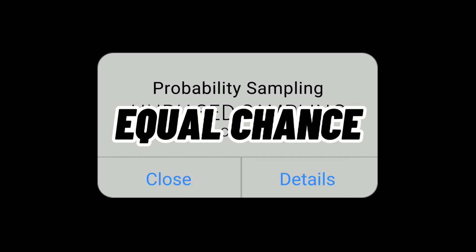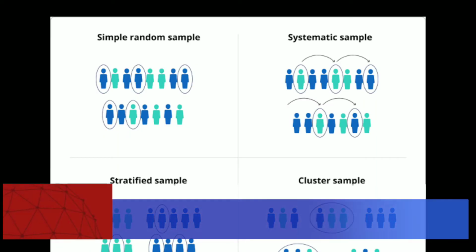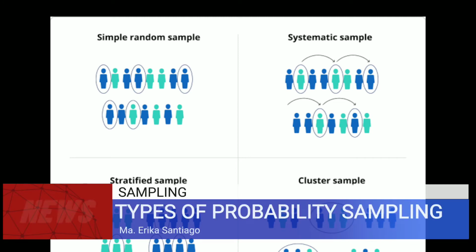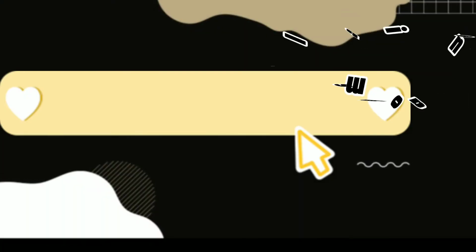We will also be able to obtain a sample that is capable of representing the population under study, or of strong similarities in characteristics with the members of the population. There are four types of probability sampling methods. These are simple random sampling, systematic sampling, stratified sampling, and cluster sampling.